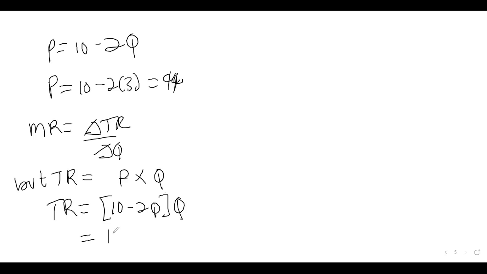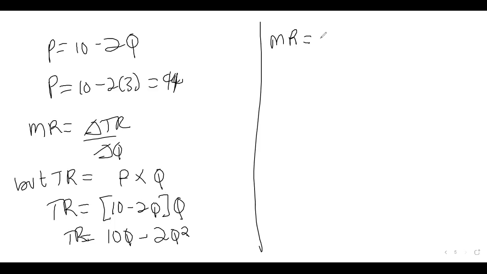So total revenue will be 10Q minus 2Q squared. Then marginal revenue will be dTR over dQ, and that will give us 10 minus 4Q. So this is the marginal revenue.